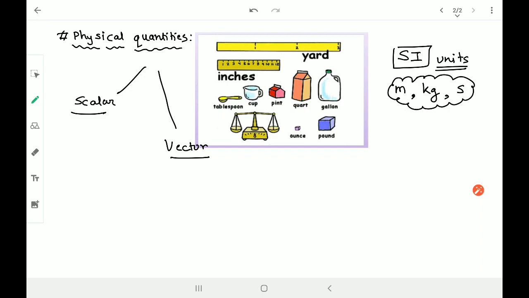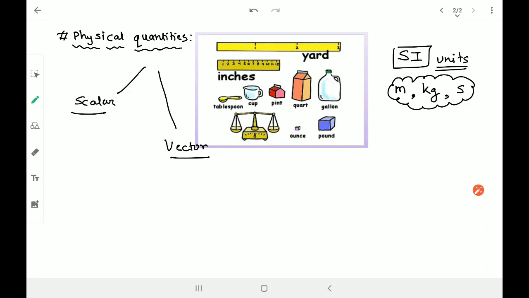But if I say that an aeroplane is traveling with the speed 343 meter per second, then you will ask in which direction it is moving. Is it moving towards America, or towards Japan, or towards Sri Lanka? Where exactly is it moving?